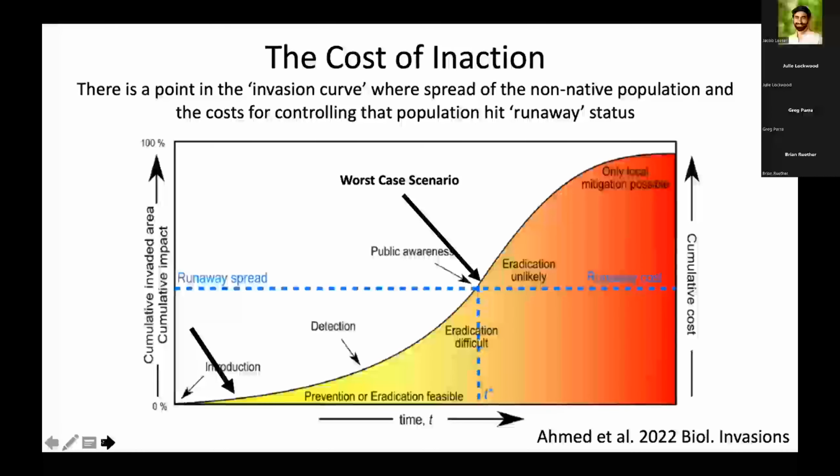If you do that, then you allow yourself a lot of time to respond, perhaps allow an eradication to be successful, but at the very least, to be able to stop the spread from that location to any other. Certainly, if it is manageable, you minimize your costs as well. So anything we can do in invasive species management to move that detection point way, way, way closer to the point of introduction is a massive help.